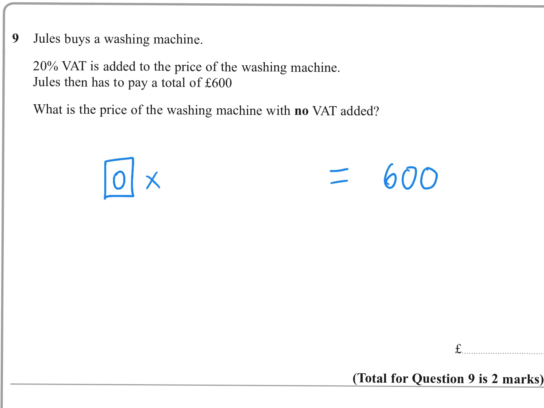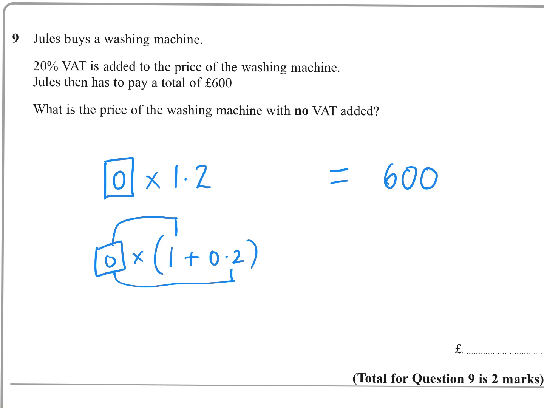So we should know that if we multiply it by 1.2, and the reasoning behind this is that's the same as 1 plus 0.2. So if we had to multiply this out, we'd get the washing machine's price to start with, i.e. times by 1, and then we'd add the 20% on all in one go.